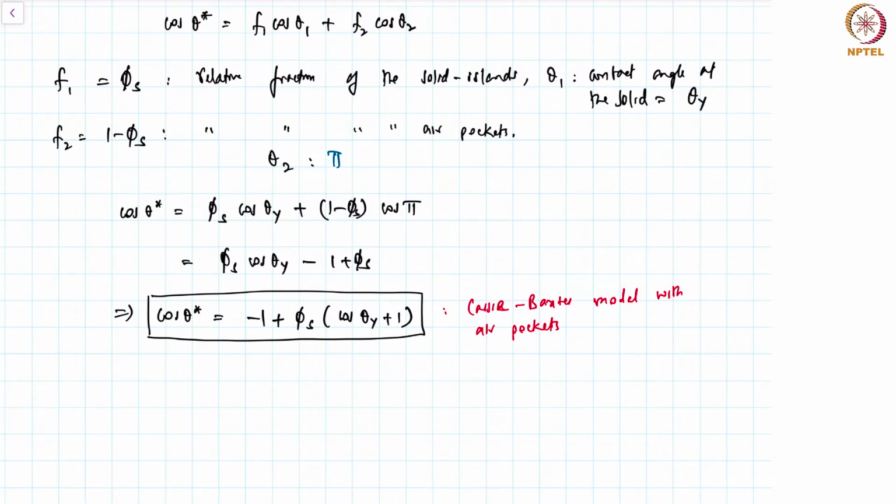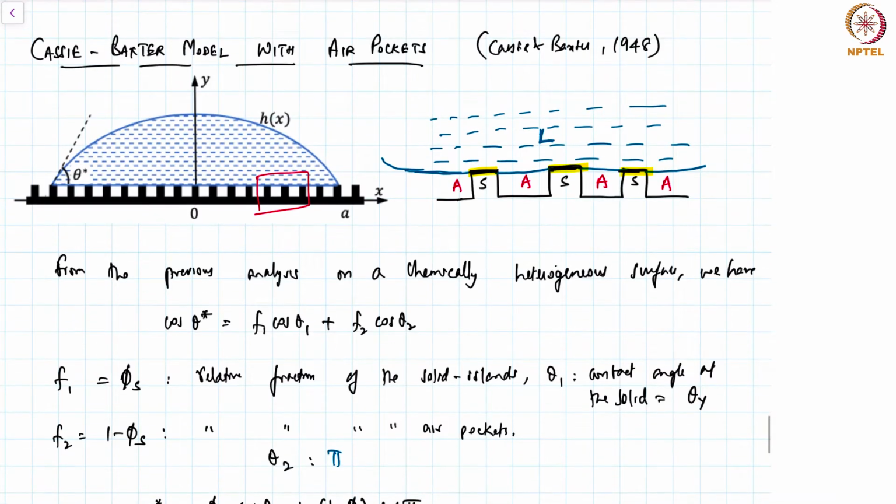The primary reason for this is that if you look at the interface shape, and where the interface meets a solid, you can certainly have the interface coming and meeting the solid on top of a pillar, but the interface cannot actually come and meet the substrate between the air pockets, right?